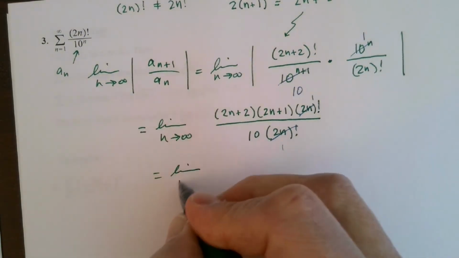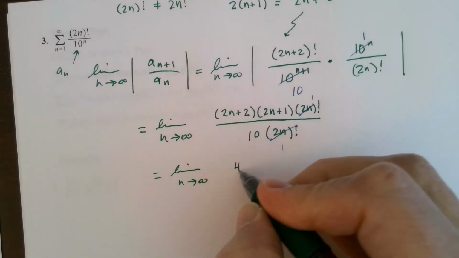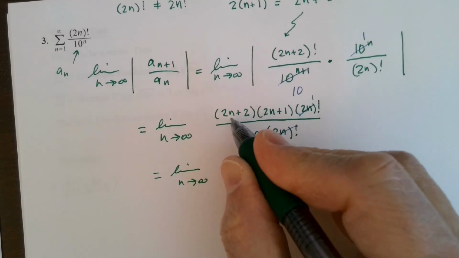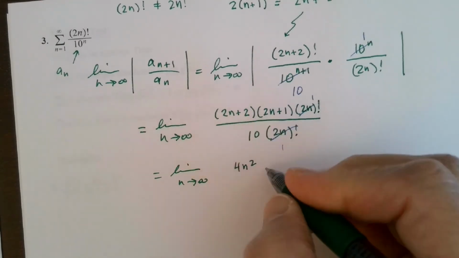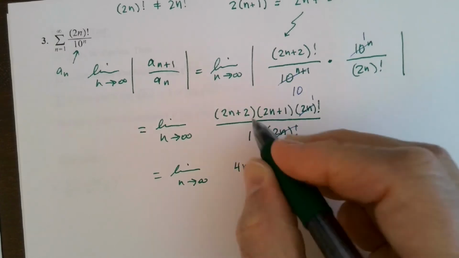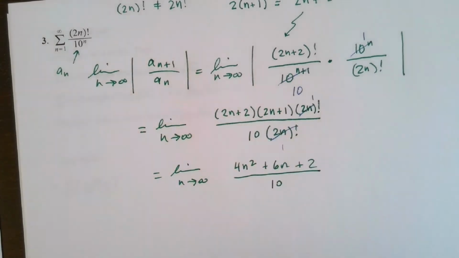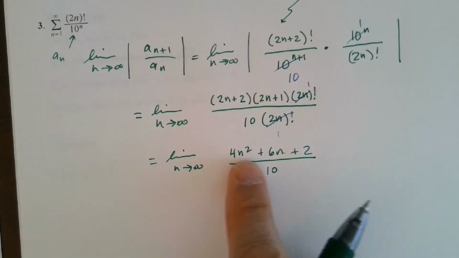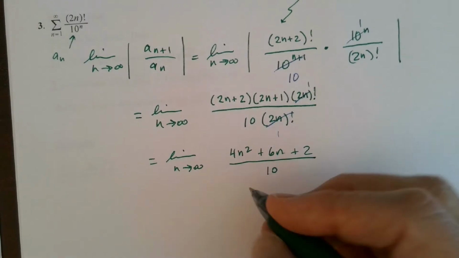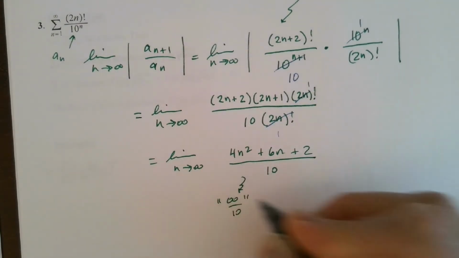And so what do I have? The limit as n goes to infinity. Let me just FOIL that out. I get 4n squared. I get 2n plus 4n is 6n. 2 times 1 is 2. If I FOIL that out, all over 10. Really, I didn't need to FOIL it out, but think about what's happening here. The bottom stays at 10. What's the top going to? Infinity, right? The form of this limit is infinity over 10. That is not indeterminate.